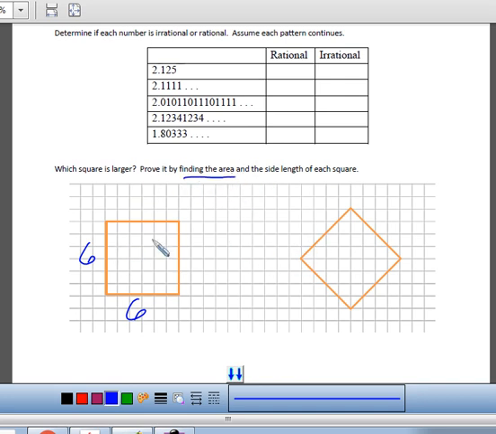Write it right in the middle. This one's a little trickier. So I'd be interested to see what some of you come up with for an answer for the area of this. So you're going to do this problem on your own, determine which one is bigger, and you're going to show that by finding the area. And we'll talk about it in math after you do it.